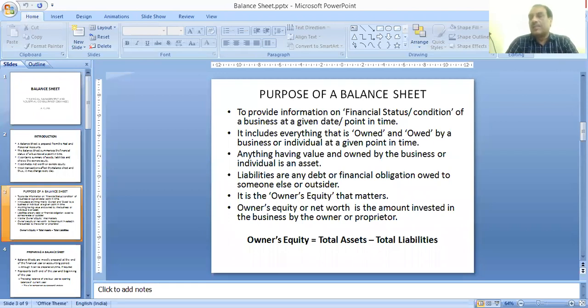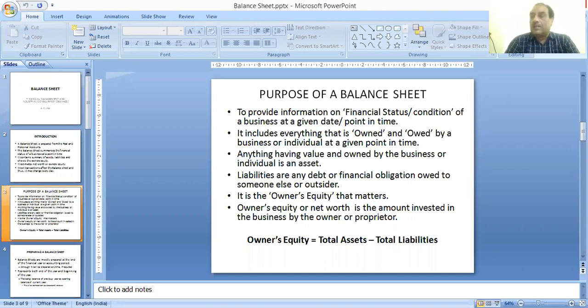Just reverse this. Suppose I have in my possession rupees 10 lakhs, out of which 2 lakhs I have invested is my own, and 8 lakhs I have borrowed from other sources. So although I have in my possession rupees 10 lakhs, what is my worth? My worth is only rupees 2 lakhs. Assets minus liability.